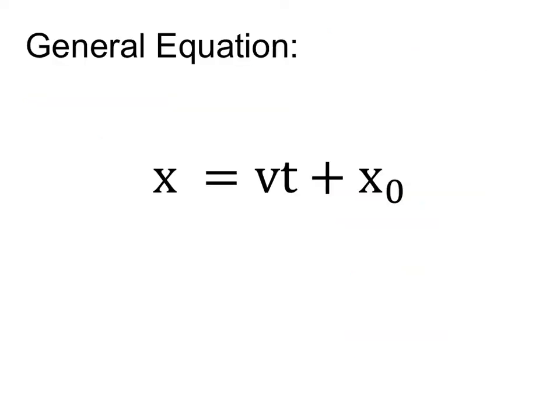Okay, so what we have here is a general equation, and how that's different from a mathematical equation is that it works for every situation so far. It's not specific to a car with 38 centimeters per second as a velocity, and it's not specific to a car that has an initial position of 200 centimeters. It works for every toy car.